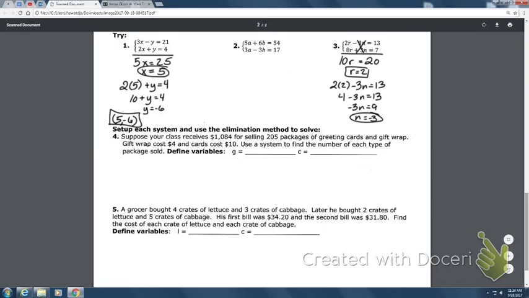So on 2, neither variable cancels out or eliminates itself just the way it is right now. So we need to change either one or both equations by using multiplication.